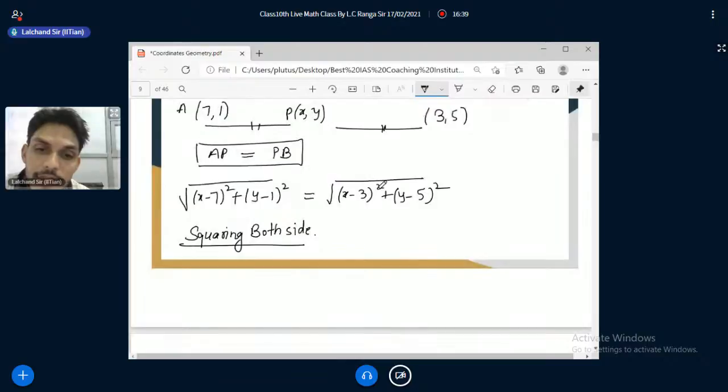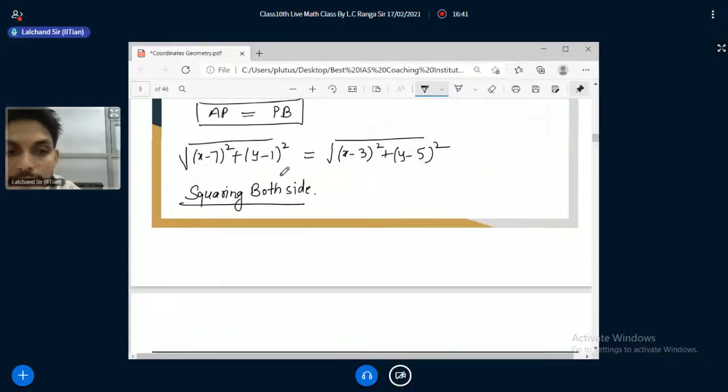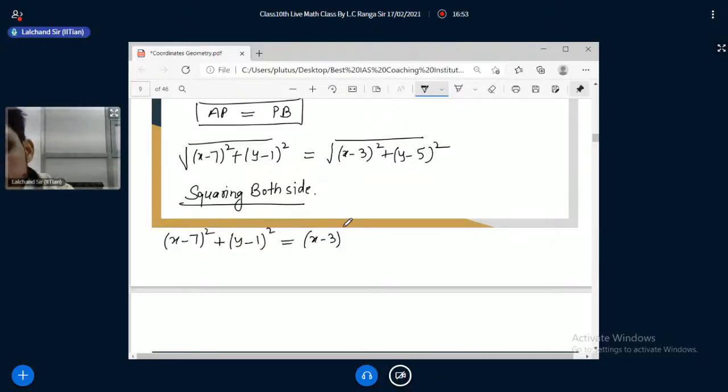So if we square this equation both sides, then we will have (x minus 7) square plus (y minus 1) square equal to (x minus 3) square plus (y minus 5) square.